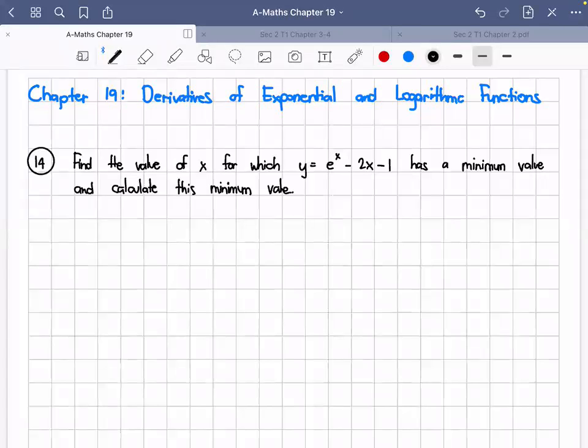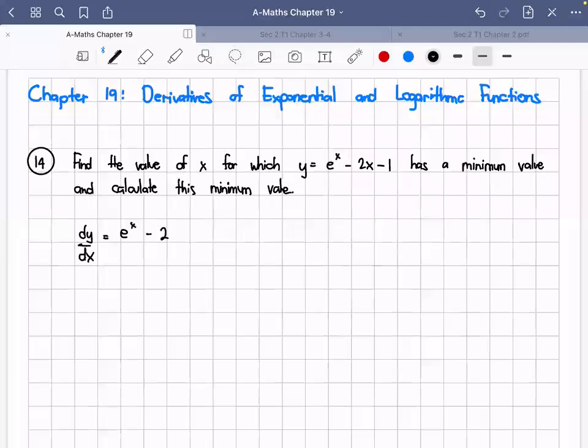So we have dy/dx is equal to, okay, so what's the derivative of e raised to x? It's the same thing, right? It's still e raised to x. And then minus 2. So that is your first derivative.